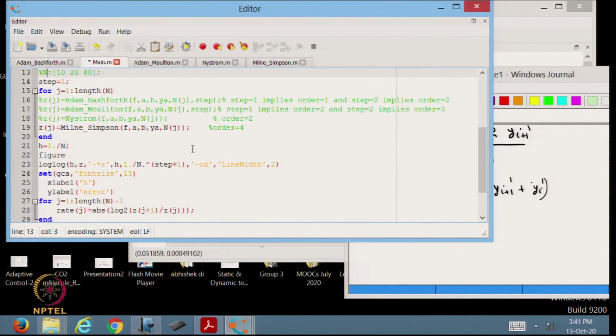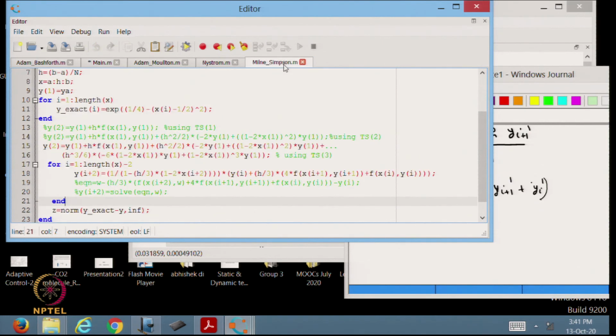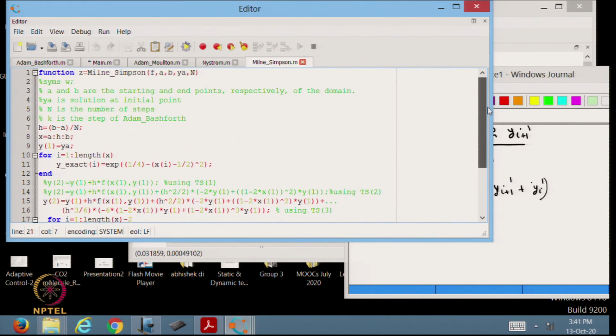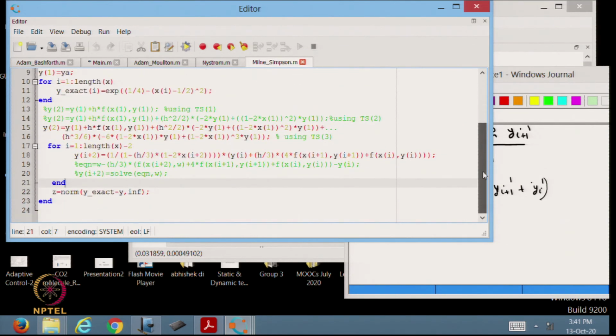So, again in this method, because we have worked out only with one difference scheme, step is irrelevant. And now if I open the Milne Simpson's method, here also step is not taken as an argument, for the same reason, because we are implementing only one difference scheme.